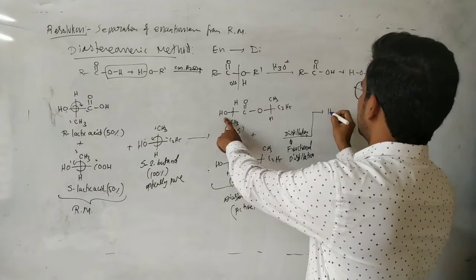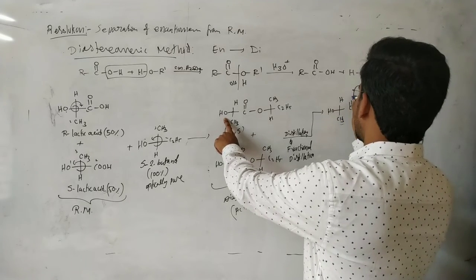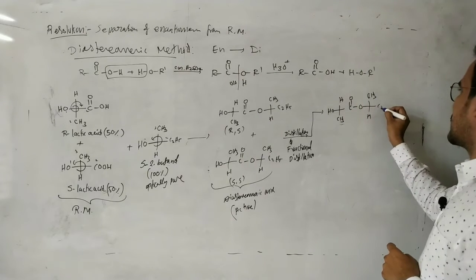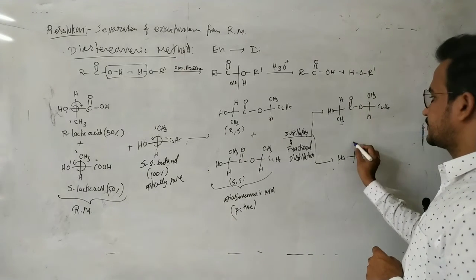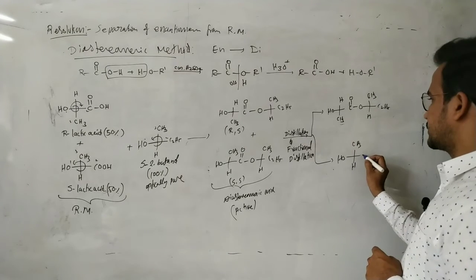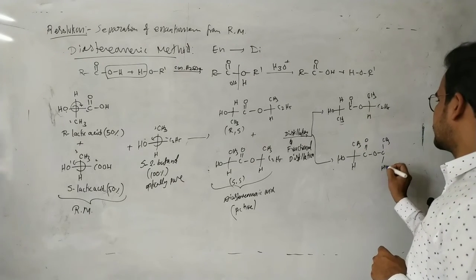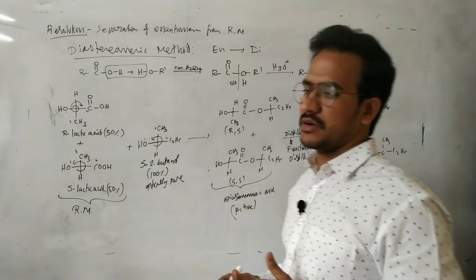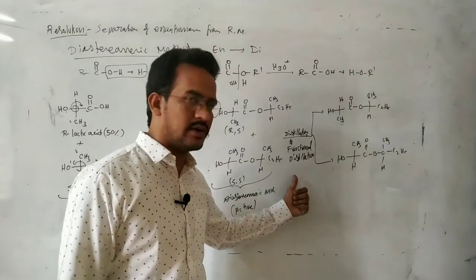That means here this one: OH, hydrogen, this is the CH3, C double bond O, hydrogen, CH3 and C2H5. And next here OH, CH3, hydrogen, C double bond O, OCH3 and hydrogen, C2H5. So these two are separated by a physical technique, because diastereomers have different properties.